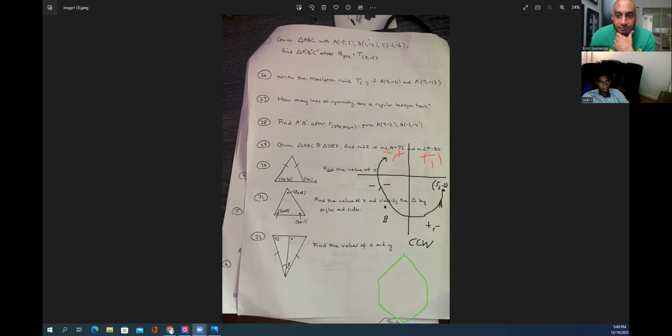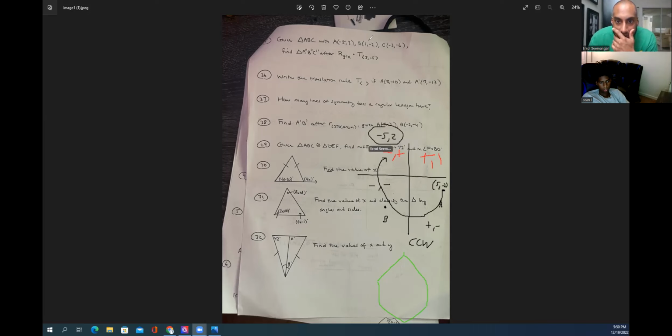Okay, so the 5, -2 starts in the lower right quadrant, then it ends up in the upper left quadrant. So it's gotta be negative positive. So -5 and 2 would be the new number.